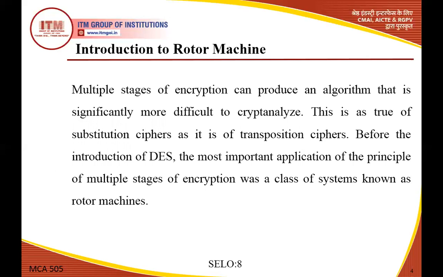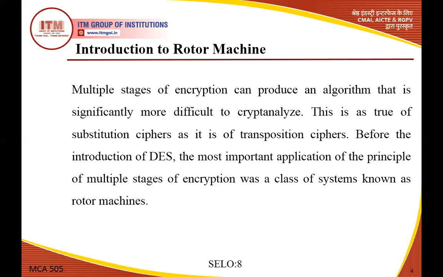In the second technique, we take the plain text and insert it into many rounds so that we get a stronger ciphertext. In the rotor machine, we also do the same thing, but the rotor machine works on a different mechanism.